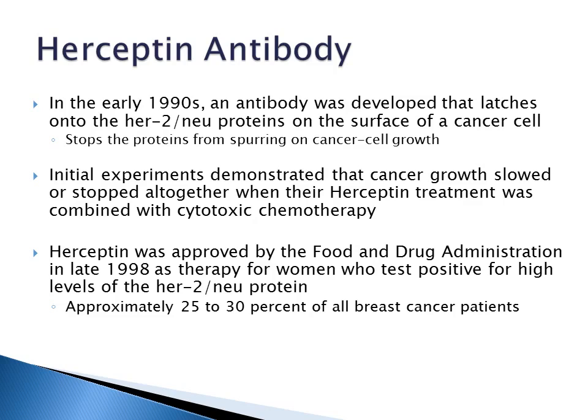So some women were given this experimental antibody, and they saw that their cancer growth slowed down or stopped altogether when the Herceptin treatment was combined with cytotoxic chemotherapy. So Herceptin was approved by the FDA in late 1998 as a therapy for women who test positive for high levels of the HER2/neu protein. And this is about 25 to 30% of all breast cancer patients.